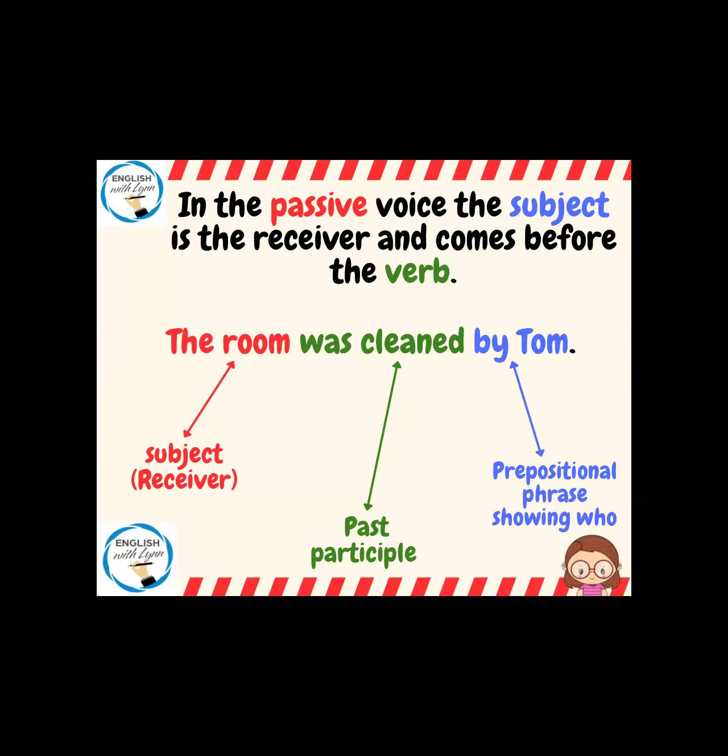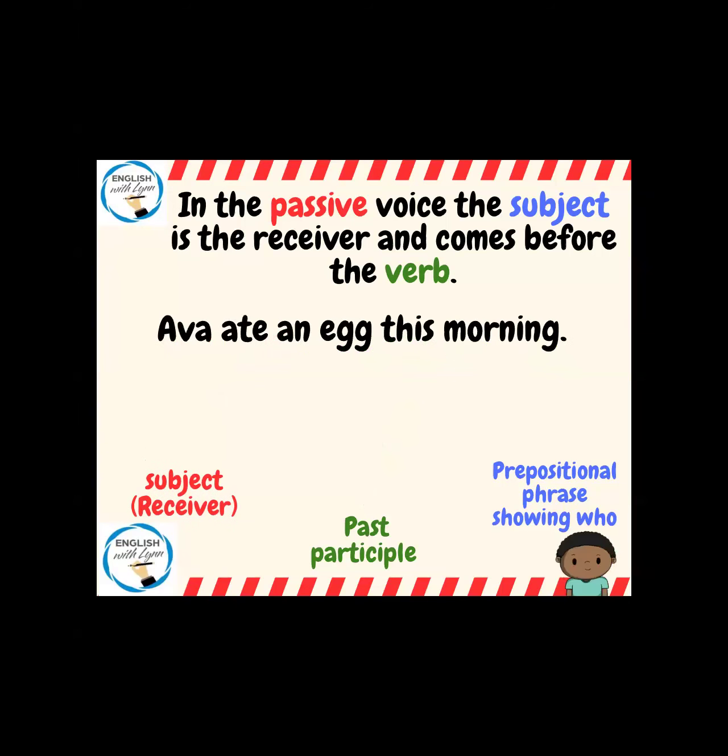Okay, so looking at the sentence that we had earlier, we have Ava ate an egg this morning. So this is in the active voice. So to turn it into the passive voice, I need to put the subject first of all. So what was eaten?